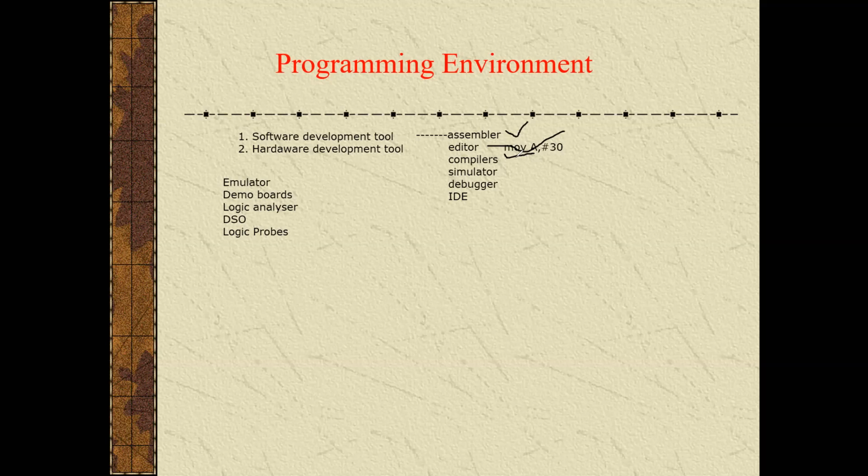The cross assembler is usually written in a high-level language like Fortran, C, Pascal, etc. So that makes it machine independent.